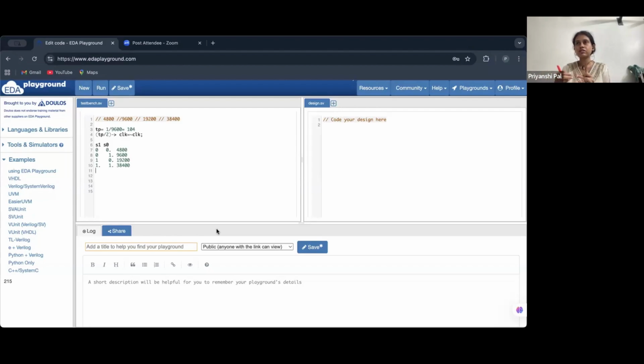Then once the master has received the acknowledgement that the slave register address is valid, it will send the read or write signal, whether it wants to read the data from the slave or write into the slave. For example, let's take our example. First, we are reading the data from the temperature sensor, so it will send a read signal.